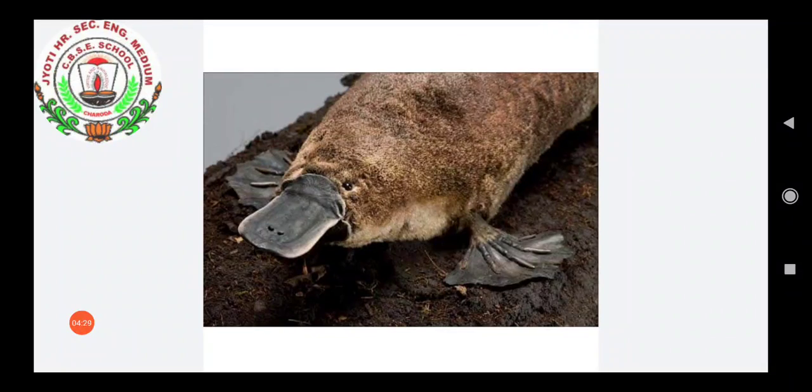It is a mammal that lays eggs and has webbed feet. These webbed feet help in detecting the prey. So how is it working? The sensitive snout contains electroreceptors which detect the movement of creatures, like earthworms and fishes in the water.